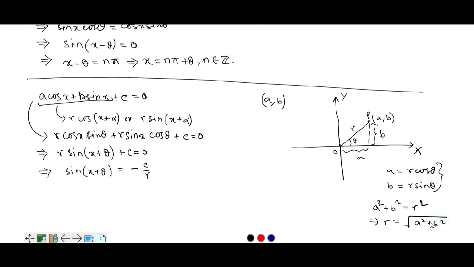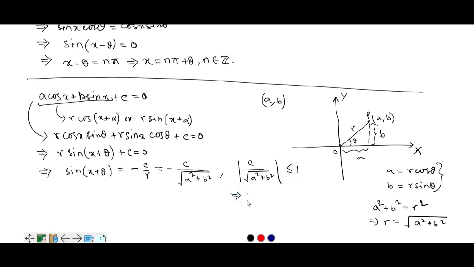See, it is a length, we cannot take it as negative, so r will be only the positive root of a square plus b square. So this will be the expression. And in this case, just as in the previous equation we did for sin x equals sin theta, the restriction here will be that mod of c by root of a square plus b square must be less than or equal to 1, so that this is a valid equation.